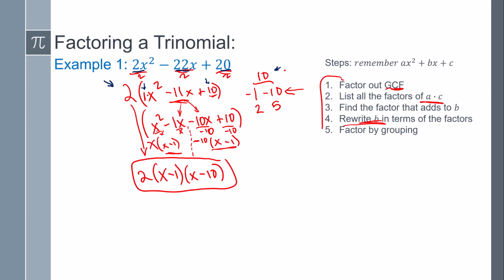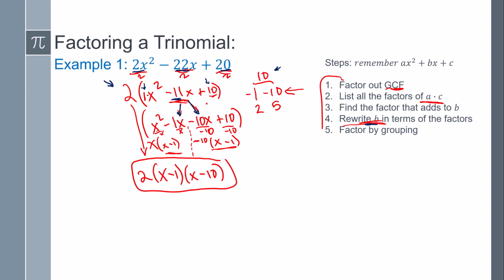Then I found the combination that adds to this middle number, negative 11. So if I did negative 1 and negative 10, it would give me that negative 11. Then I rewrote the b in terms of those factors. So I rewrote negative 11 in terms of negative 1 and negative 10.